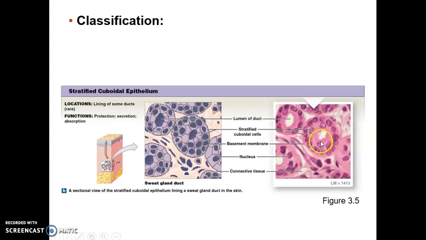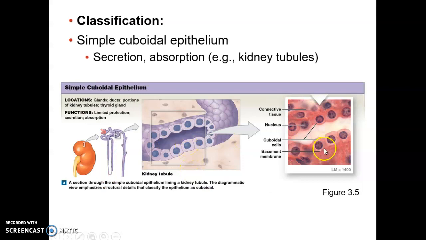Now, it's not obvious where the plasma membrane is of every cell. It is in the diagram, in the drawing, all right, the lines. Here it's not, but what is obvious is the nuclei. And with cuboidal cells, the nuclei are very large, and it gives you an indication that if I can see nice round large nuclei, the cells most likely are cuboidal.